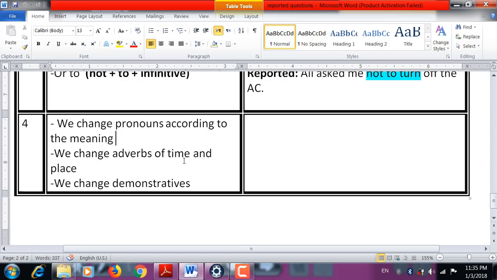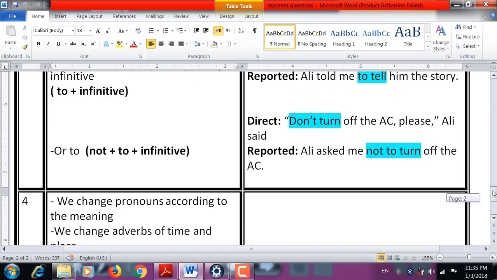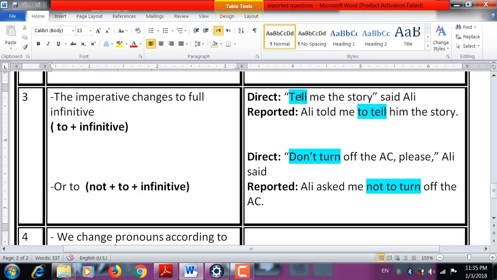We change adverbs of time and place, and we change demonstratives as well, the same as in reported questions and reported statements. Note that we don't have to change tenses here, because in this form we have only the imperative, only the base form, only the infinitive. Affirmative or negative: turn, don't turn, go, don't go, play, don't play, and so on. So we don't have tenses here.